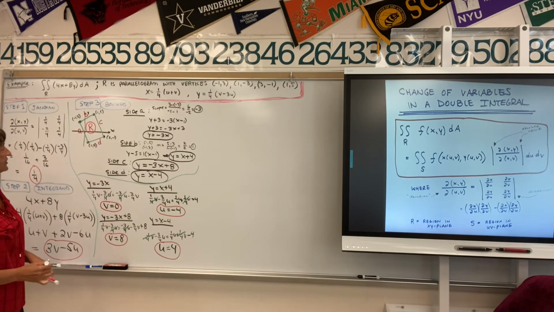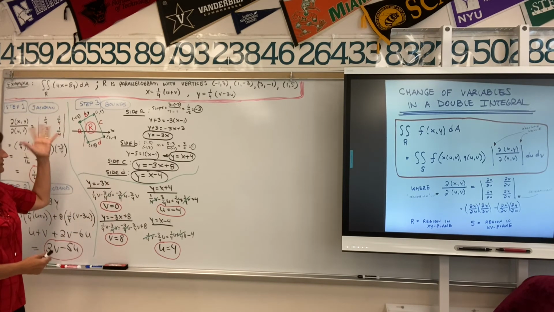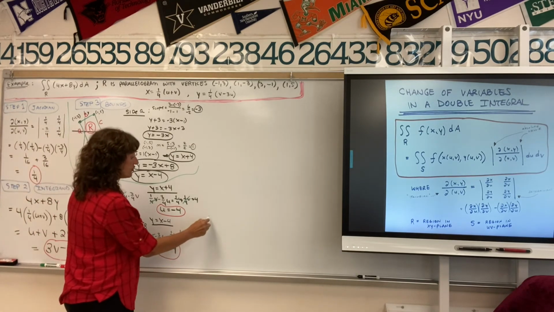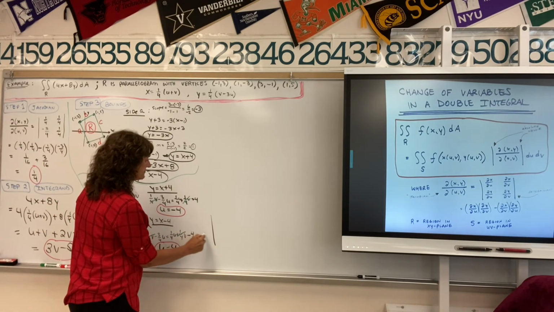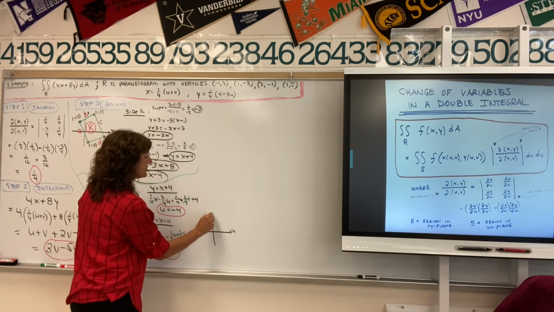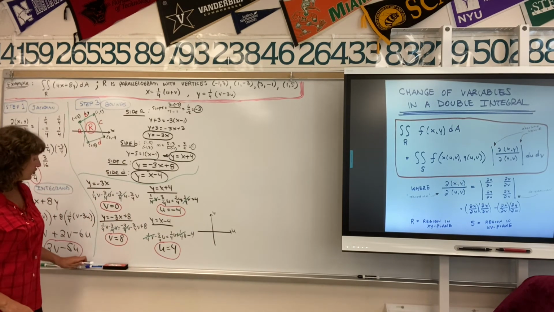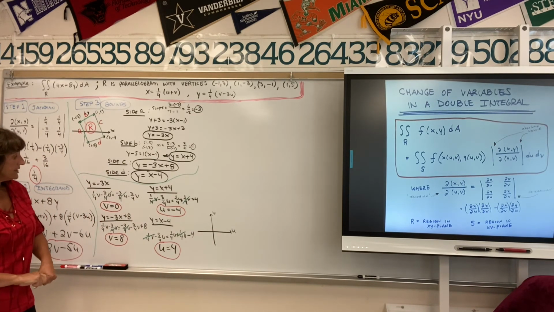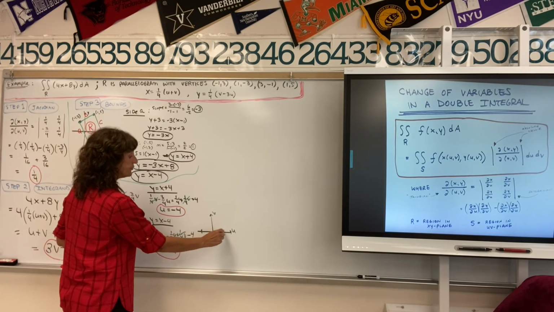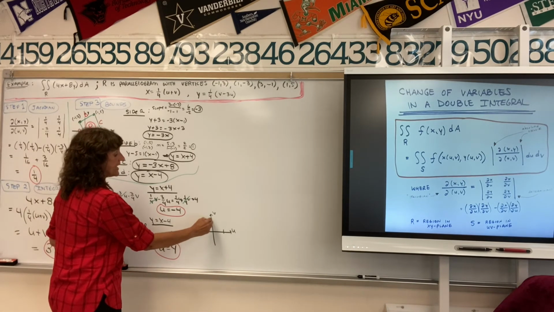So what's this going to look like when we set up region S? Region S is the same idea in the uv plane. I'm going to set up a u axis and a v axis, instead of x and y. u goes from negative 4 to positive 4, and v goes from 0 to 8.